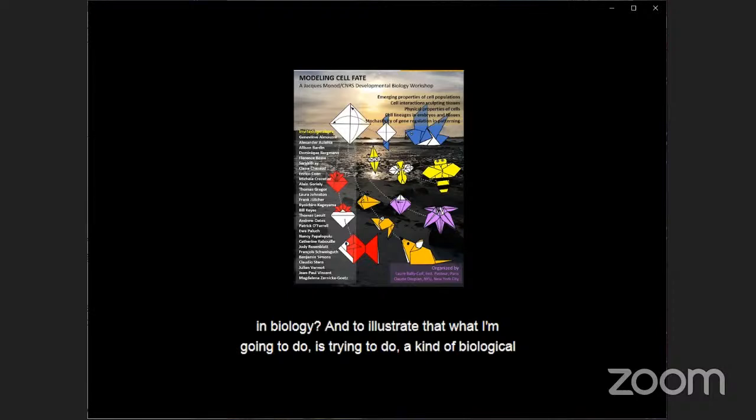And to illustrate that, what I'm going to do is try to do a kind of biological origami, the equivalent of origami, and see if we can achieve it, but through biological properties, internally driven, rather than through externally imposed hands performing the operations.